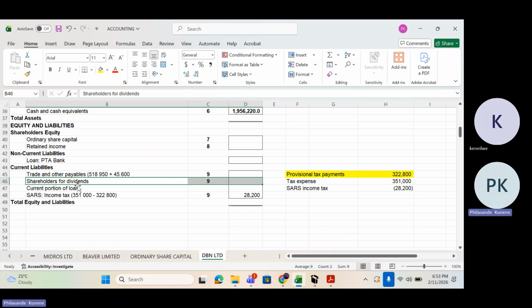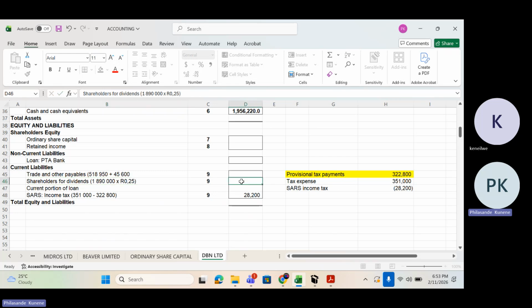How much am I going to get as my shareholders for dividends? 472,500 rands.